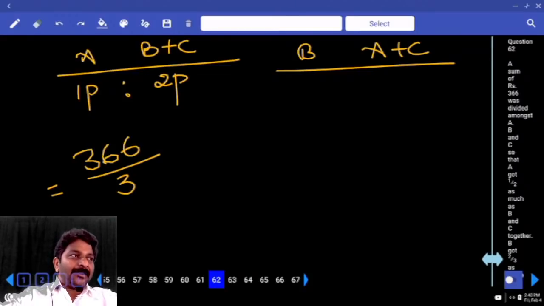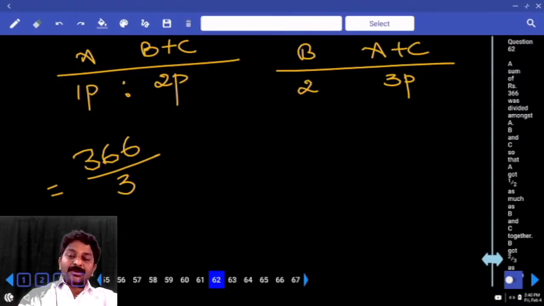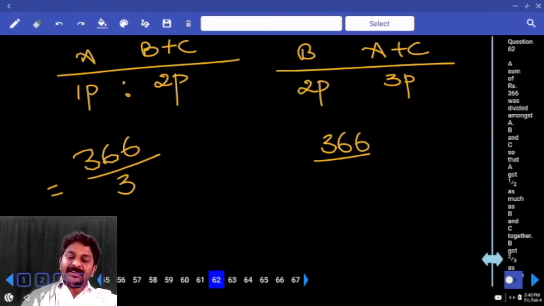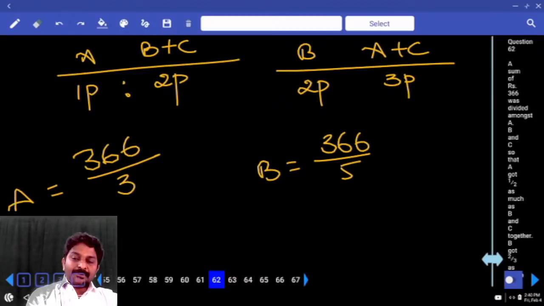What is the denominator? So we must start with, if A and C is equal to 3 parts, B becomes 2 parts. A plus B plus C, all 3 becomes 5 parts. 366 rupees is divided into 5 parts. We were asked to calculate how much B is getting. So B is getting 2 parts. So 366/5 into 2. This is your answer.